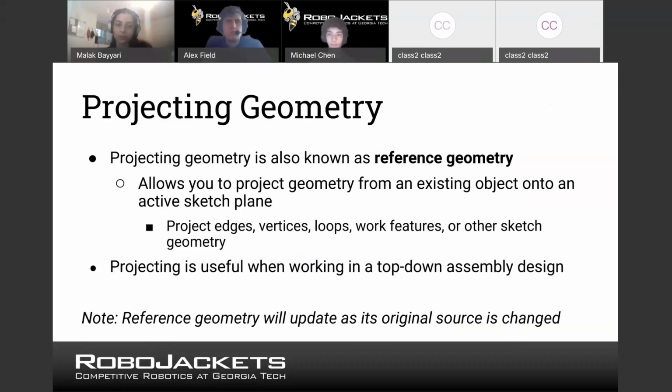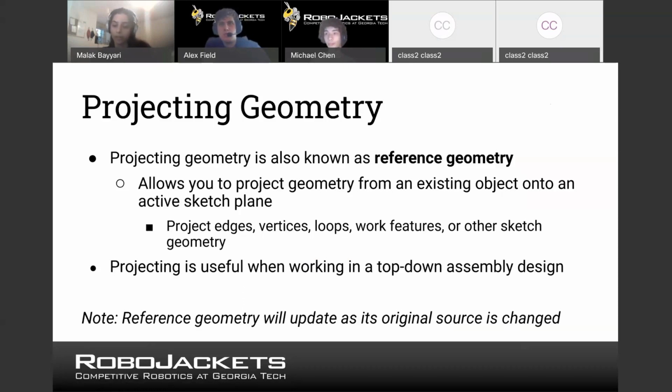Okay, so projecting geometry is also known as reference geometry. This allows you to project a sketch or a feature onto another object. And you can really make your design super complex.